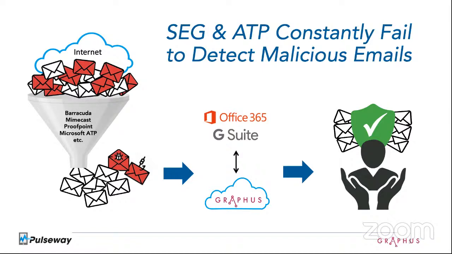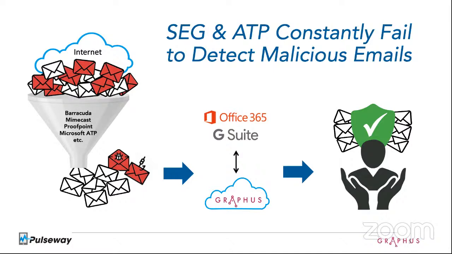Graphus integrates with these email servers through API. Because of that, it is able to extend the capabilities of your email platform itself. And there's a huge advantage to this architecture that we'll talk about on the next slide.